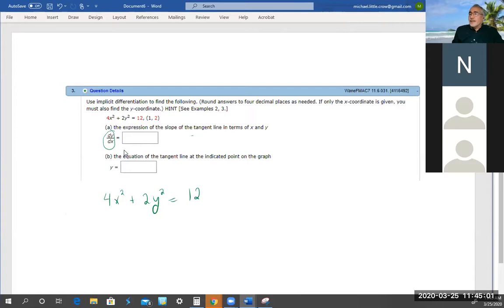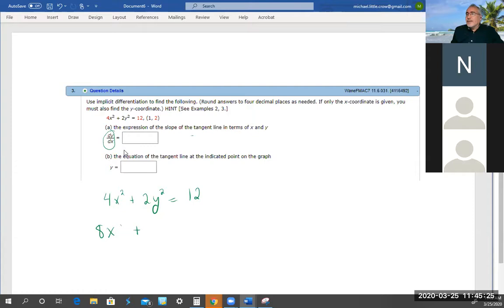So we're going to take the derivative of everything. Here we get 2 coming down, so 2 times 4 is 8x to the 1 power. And since we're taking the derivative with respect to x, you could put dx dx here, or you could choose not to. We're going to clean it up later anyway.